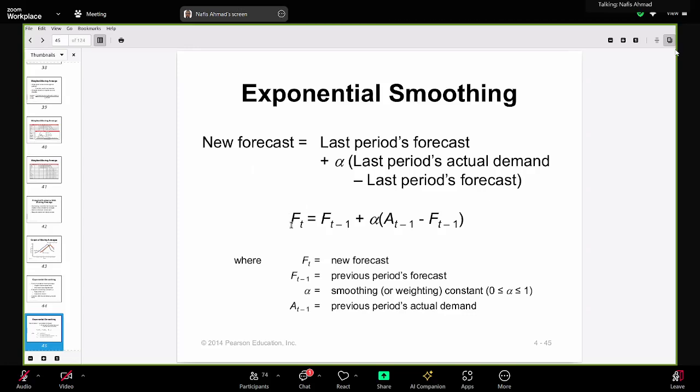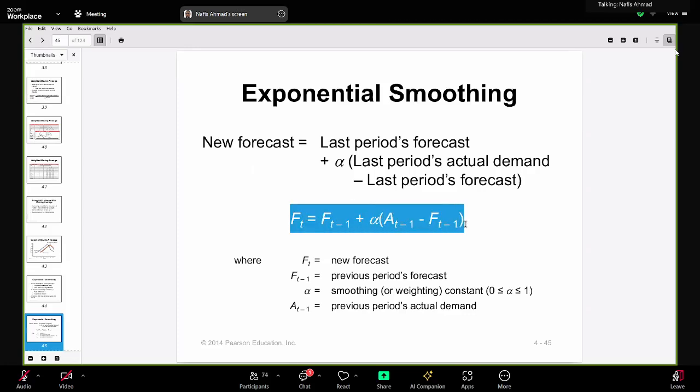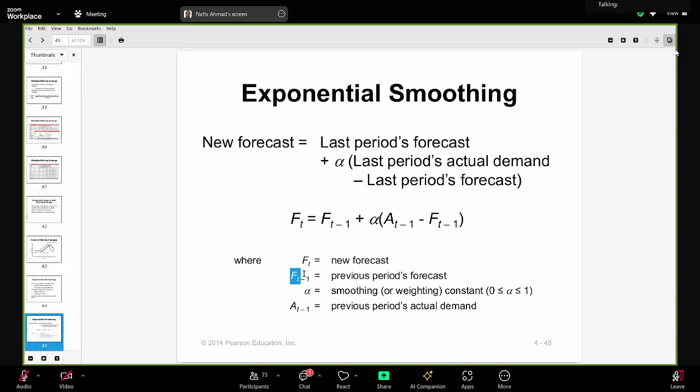So the equation we use for exponential smoothing is this. Ft is the forecast for the period t. Say, for example, this is the month of November. We want to forecast the demand for December. So for December, let's say Ft or F12, the demand for next month. And if we know the demand for November, which is At minus 1.